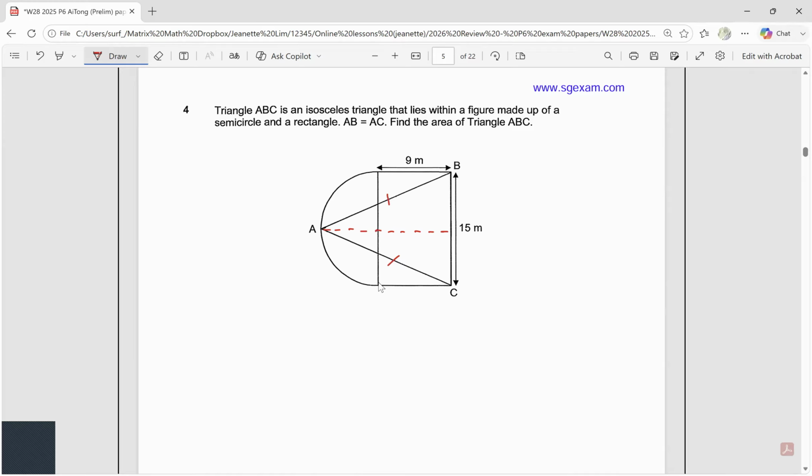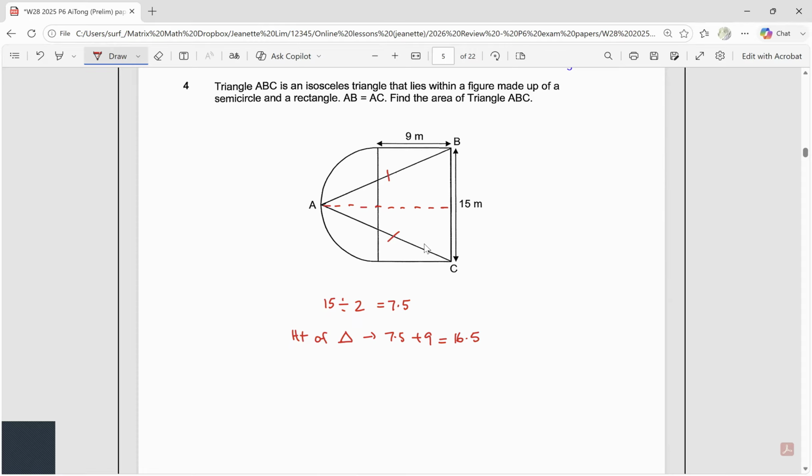So radius is 15 divided by 2. So if this is 7.5, then this is also the radius. This is 7.5. So the height of the triangle would be 7.5 plus 9, 16.5.